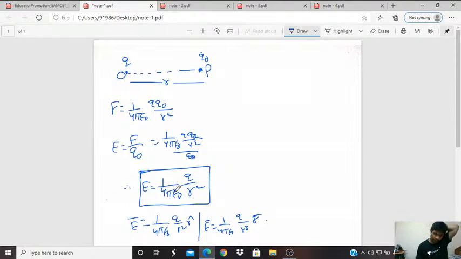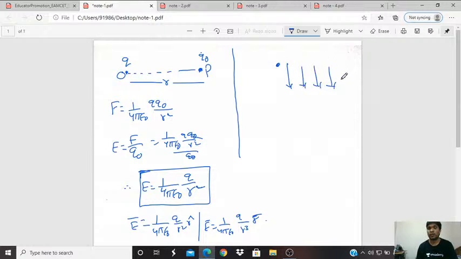Suppose a charged particle is under equilibrium in an electric field of intensity E bar directed downwards. The charged particle is in a uniform electric field acting downwards, and it is in equilibrium.